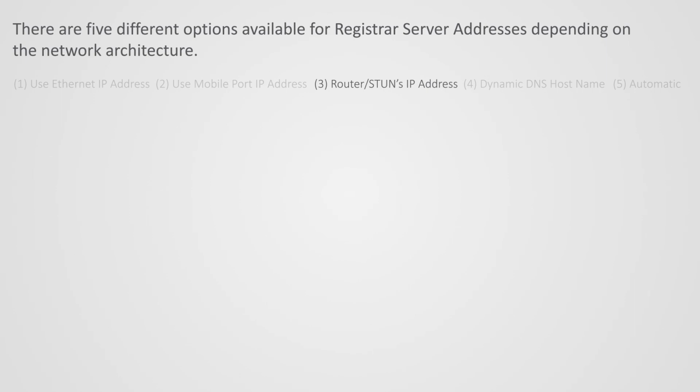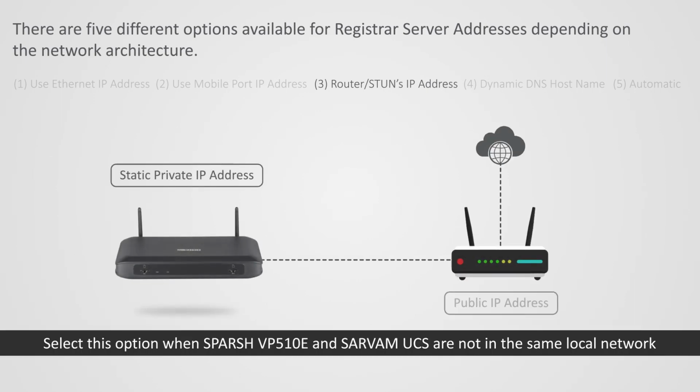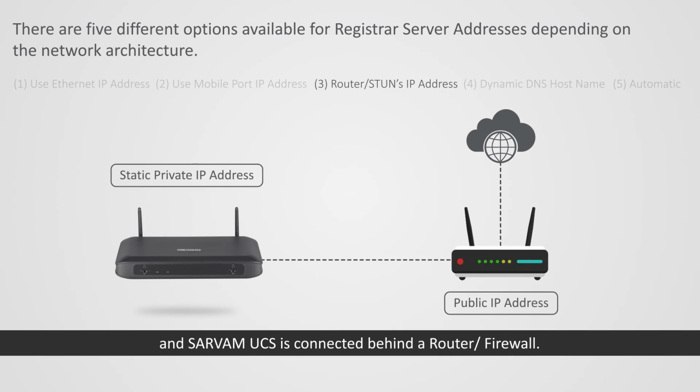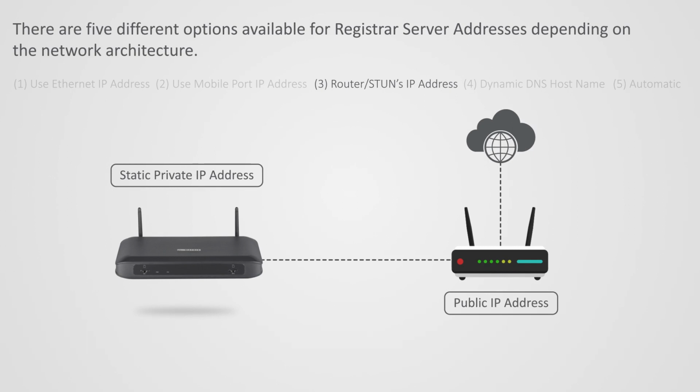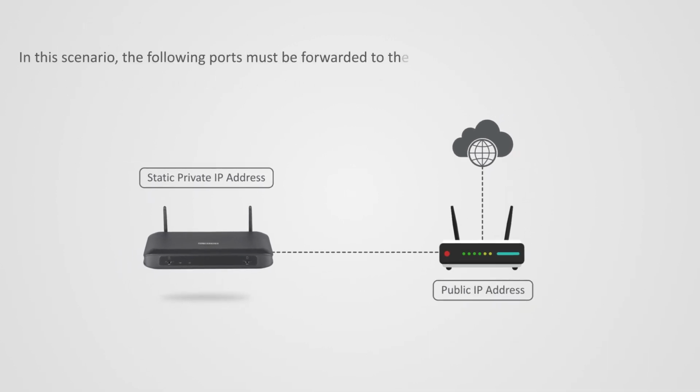3. Router or STUNS IP address. Select this option when SPARSH VP510E and SARVAM UCS are not in the same local network, and SARVAM UCS is connected behind a router or firewall. In this scenario, the following ports must be forwarded to the static private IP address of SARVAM UCS.